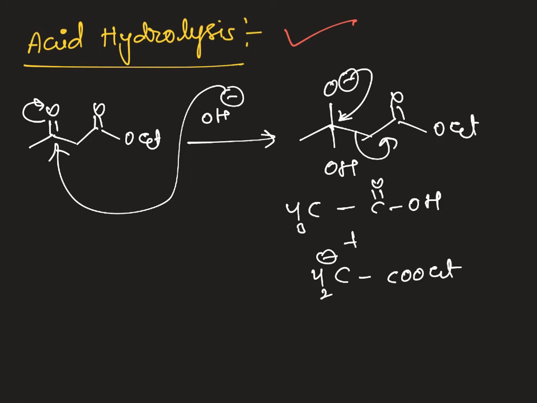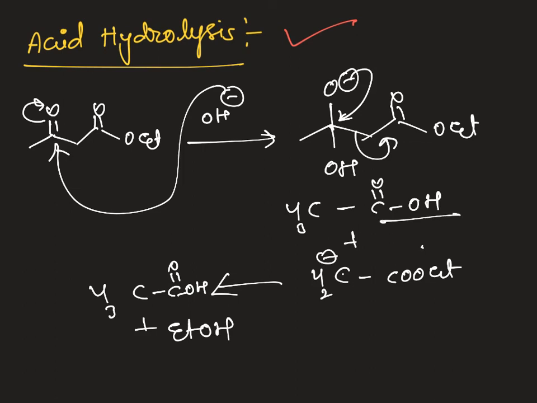Here again the hydrolysis reaction will take place, and the proton is accepted by the carbanion, which is converted into another molecule of CH3COOH plus ethanol. And here you can see it is an acid, and the environment is basic, so we will always end up with potassium salts of carboxylic acid.